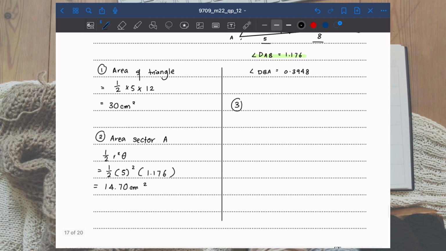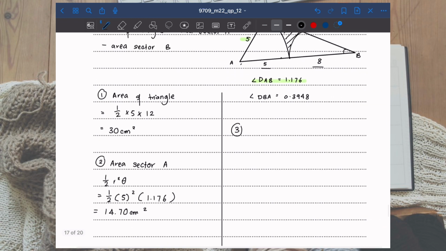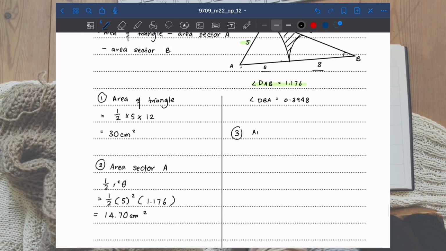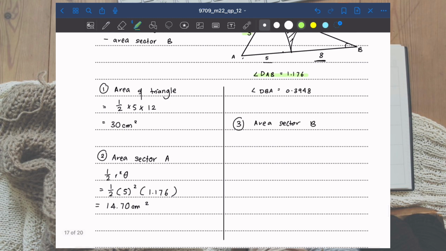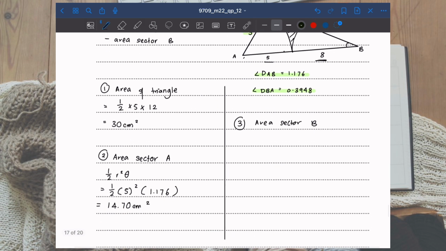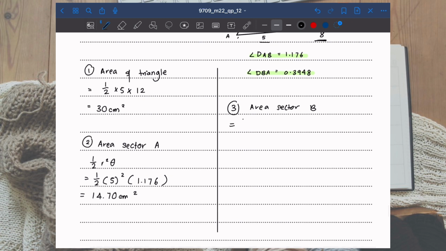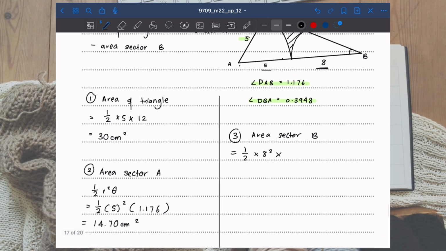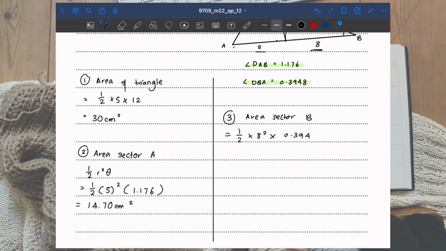So for area of sector B, it will be the same, half r squared theta, where our r is 8, and our theta will be angle DBA, which we found also in the previous question. So area sector B is half times 8 square times 0.3948, and we'll get 12.63.